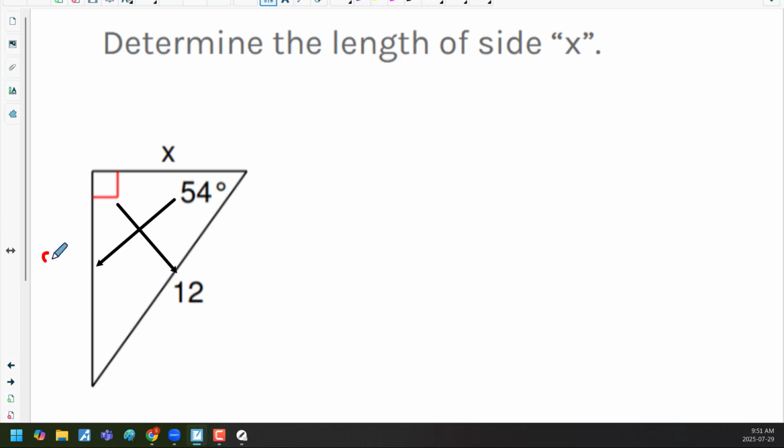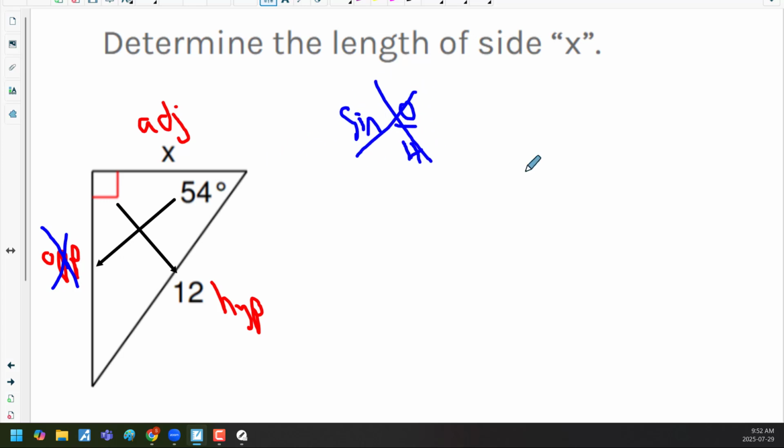First thing you need to do is label your sides. In this case, opposite should not be in our fraction because it has nothing to do with what we're looking for. So we're not going to use sine, because sine has opposite over hypotenuse. It's probably going to be cos.